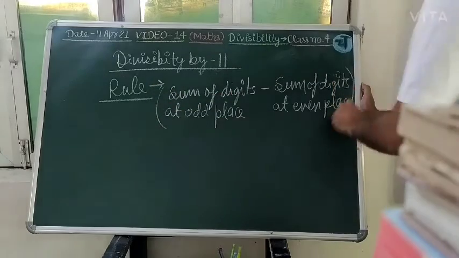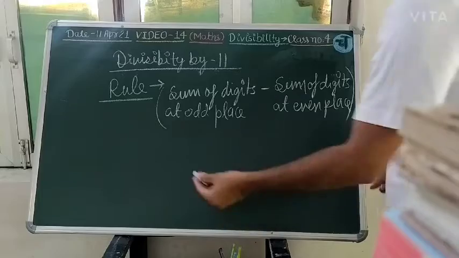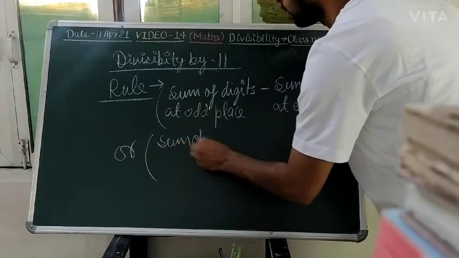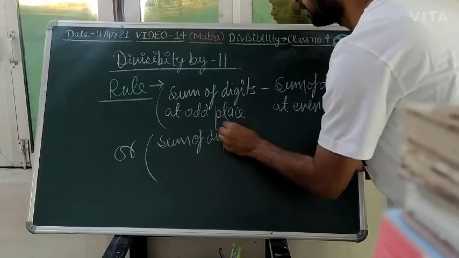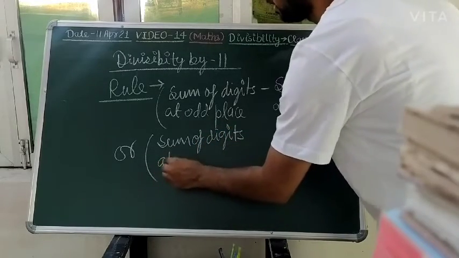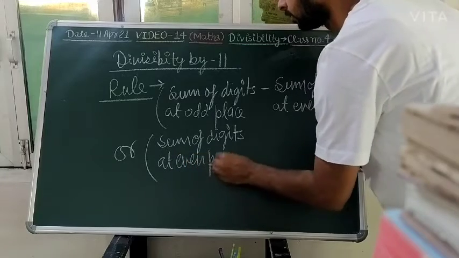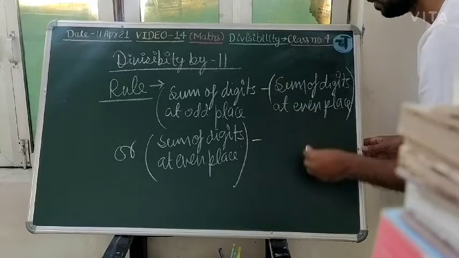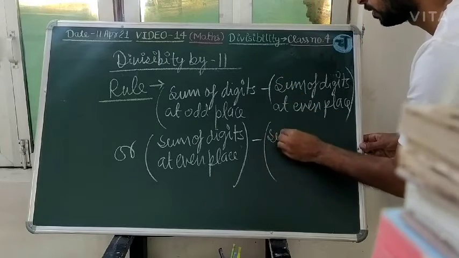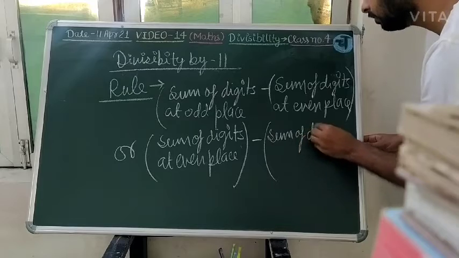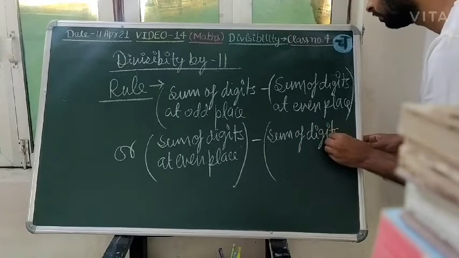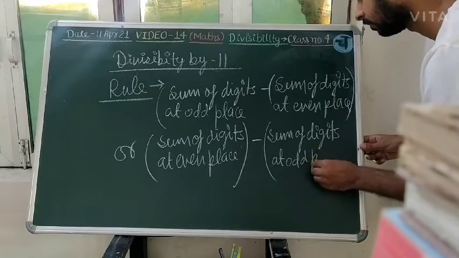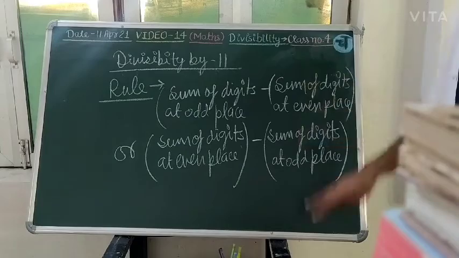This was the rule. And if you are changing this, or you can say the sum of digits at even places minus the sum of digits at odd places, both are the same.